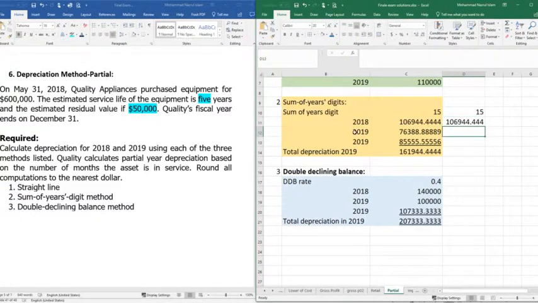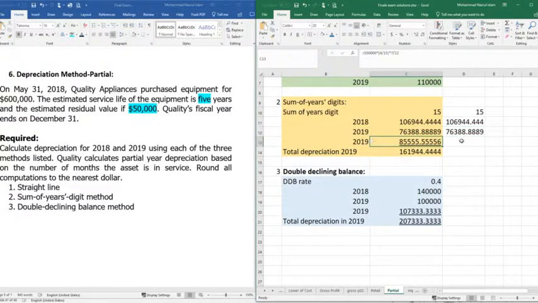And for 2019, we have 7 months in 2018 and the remaining 5 months in 2019. So the same thing again: 550,000 multiplied by 5 over 15, multiplied by 5 over 12. Can you see how we get this amount?